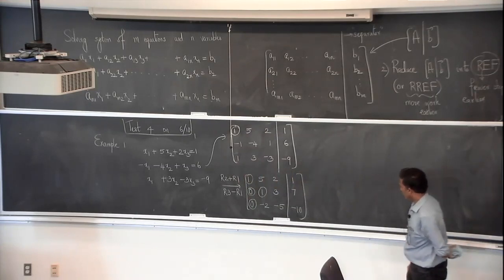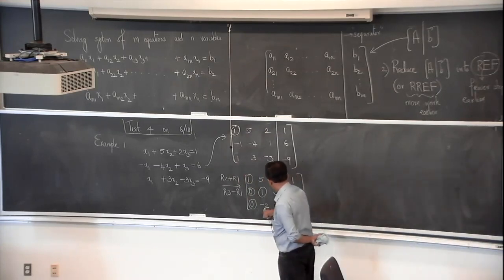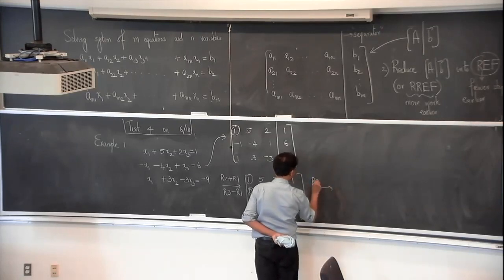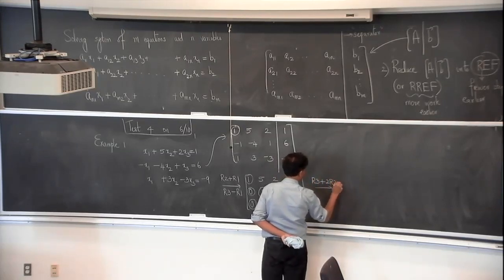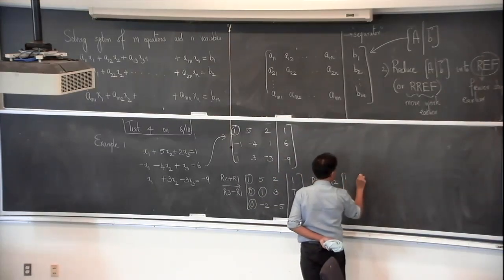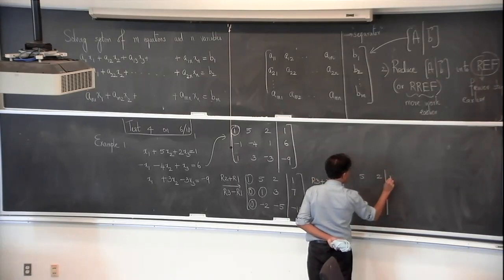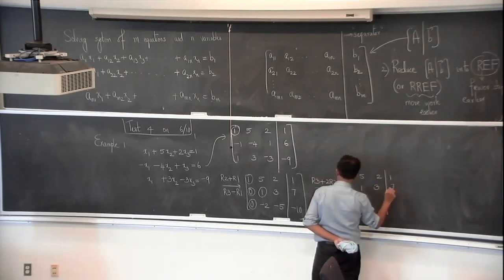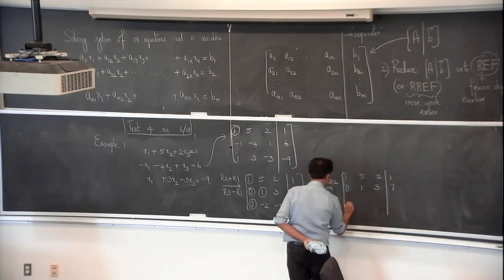It looks like all that remains for an REF is, at least for now, to make that a 0. So that's going to be R3 plus 2R2. 1, 5, 2, 1, 0, 1, 3, 7, and 0, 0.